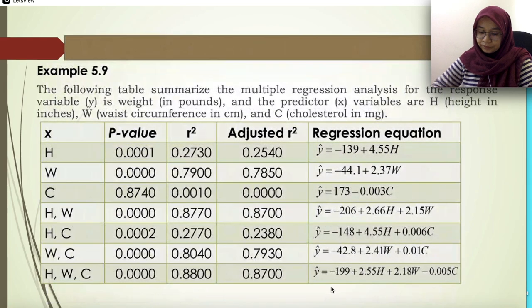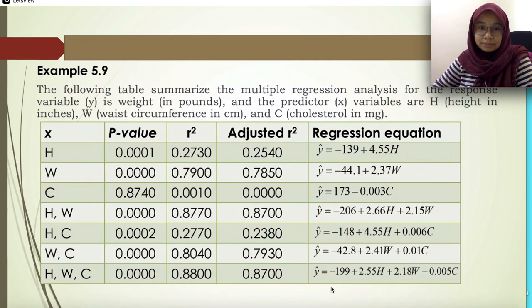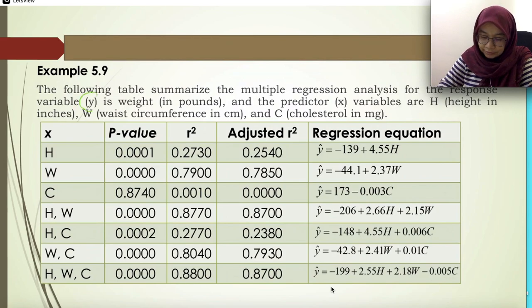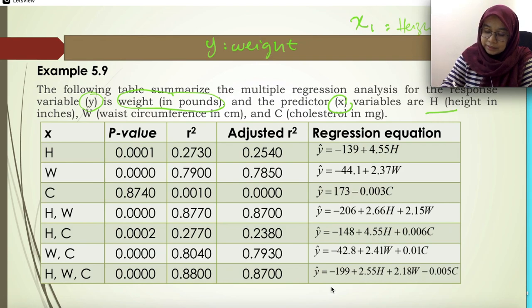Okay, so look at this example. The following table summarizes the multiple linear regression for the response variable y. There's only one y, which is the weight, and the predictors x are: the first x is your height, the second x is the waist, and the third x is the cholesterol.